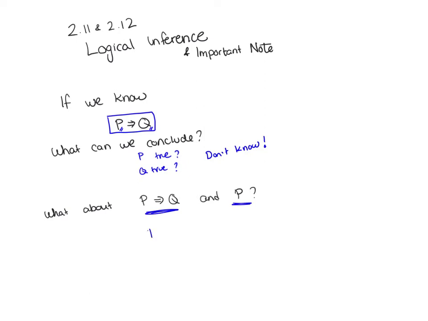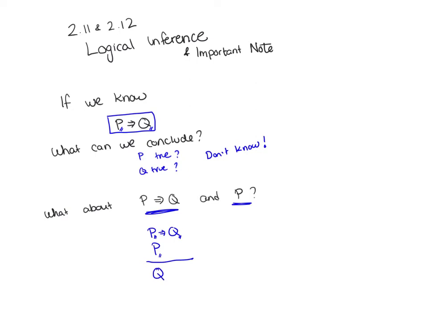If I know P implies Q and I know P, then we can add these up. That's the notation I'm using here. It's kind of like a sum, but I'm not going to draw a plus. I'm going to think about what I can conclude. If P always implies Q, so whenever P is true, Q is true, and I know that P is true, then I can conclude that Q must be true.